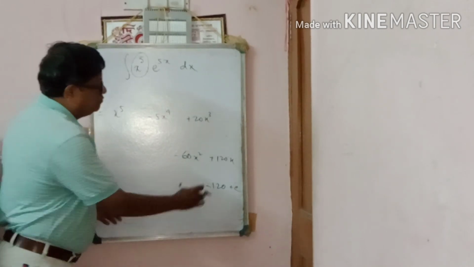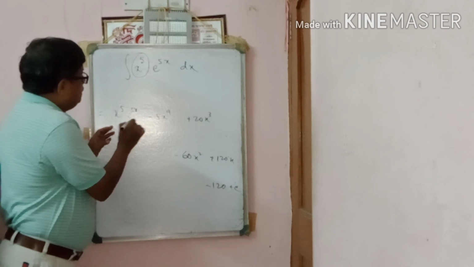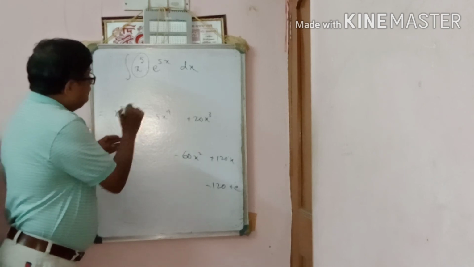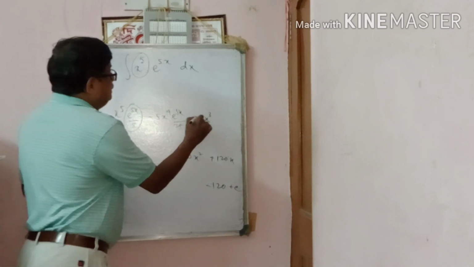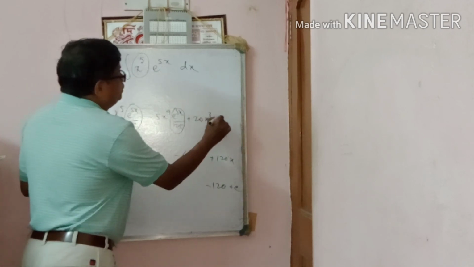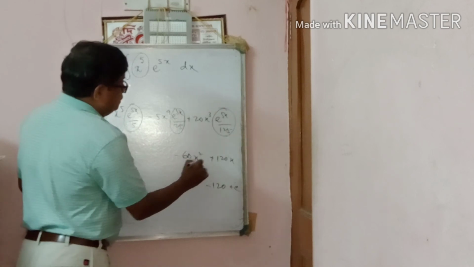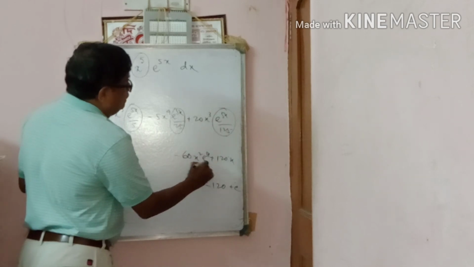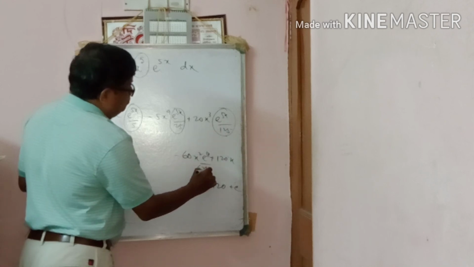Okay. See, so e to the 5x, e to the 5x by 5. Again its integration, e to the power 5x by 25. Again its integration, this part, e to the power 5x by 125. Its integration here, e to the power 5x by 625.